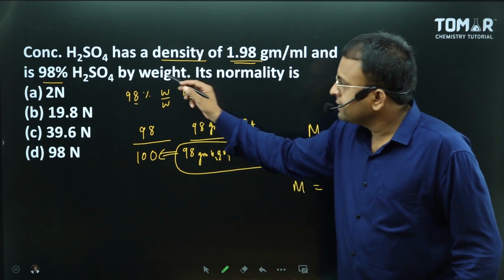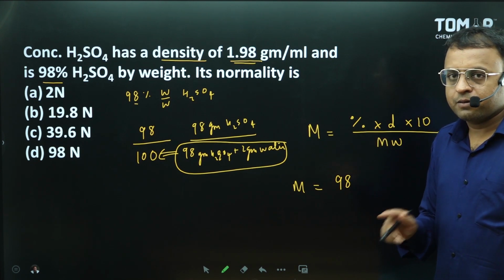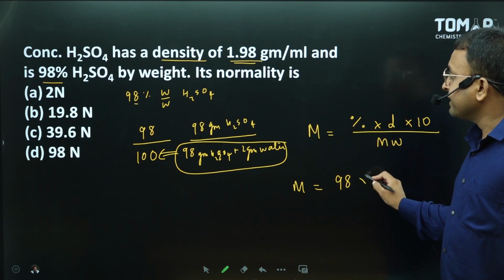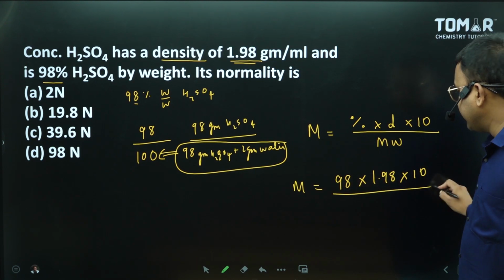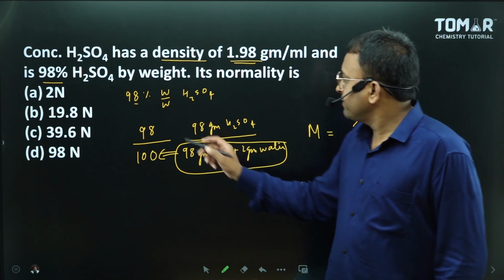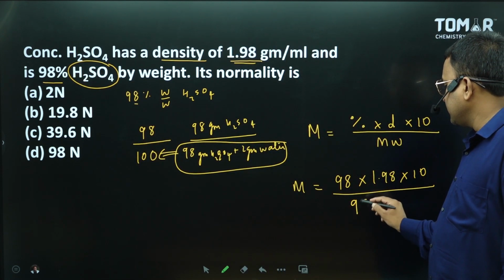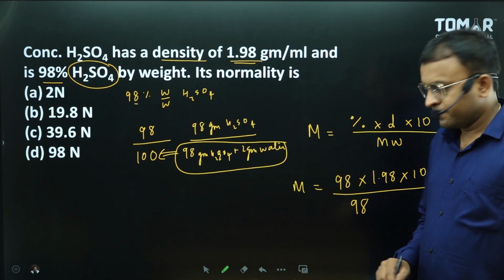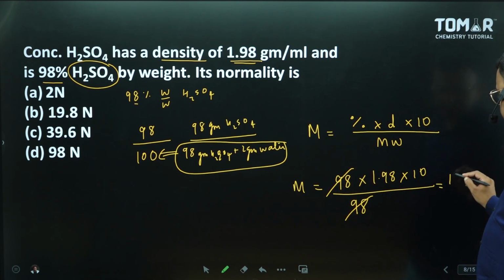Percentage is 98%, that should be weight by weight, not weight by volume. Density is 1.98 into 10 divided by molecular weight of H2SO4. Molecular weight of H2SO4 is 98. This will be 19.8 molar.